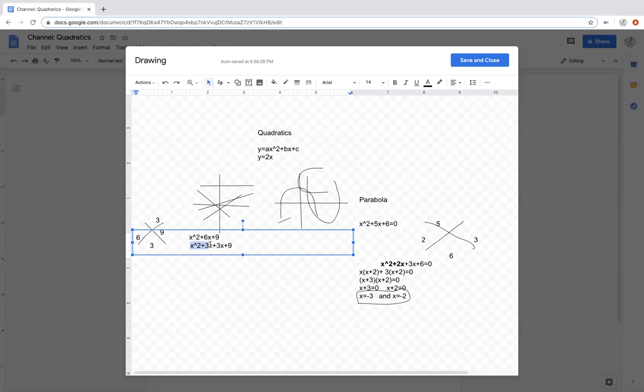I'll bold it once again to help you remember the bold and unbold. So in this case, the only factor would be x, and then it would be times 3x plus 3, since x times x is x squared, and x times 3 is 3x, plus 3. This is the same one as the previous problem, except it's 3x plus 3 since it's 9 instead of 6.